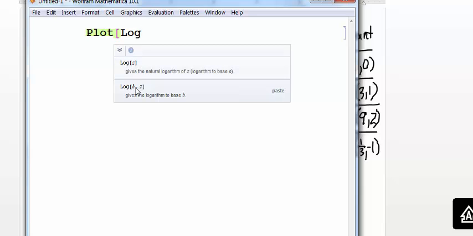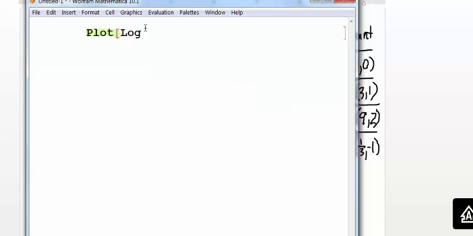But to do the base b logarithm, I put the base first and then the input. So I'm going to use a bracket, put my base of 3 and then my input is x. So this is how in Mathematica I would type the base 3 log of x.